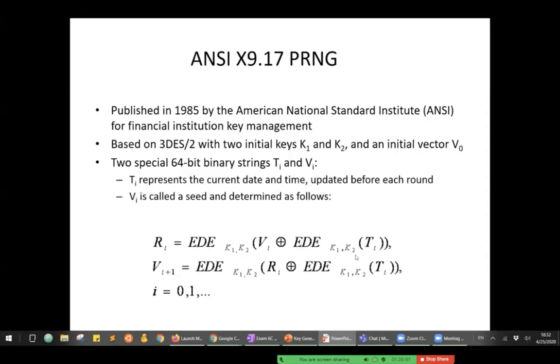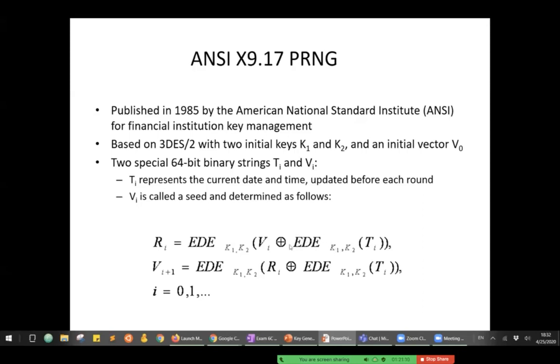You just create two 64-bit strings. Now it uses 3DES/2. The way to do it is encryption using K1, decryption using K2, encryption using K1 again.